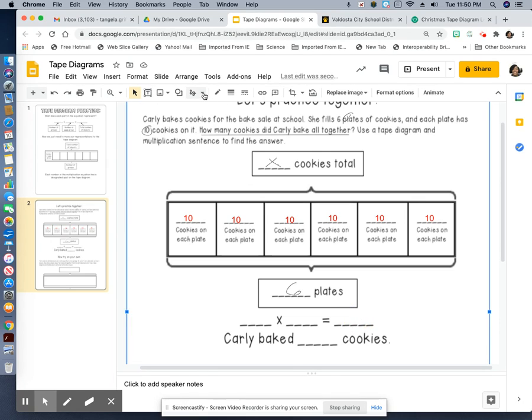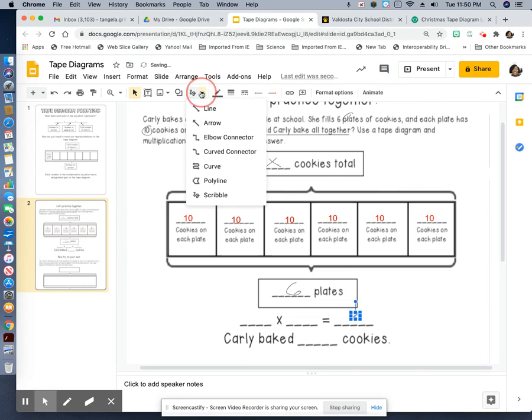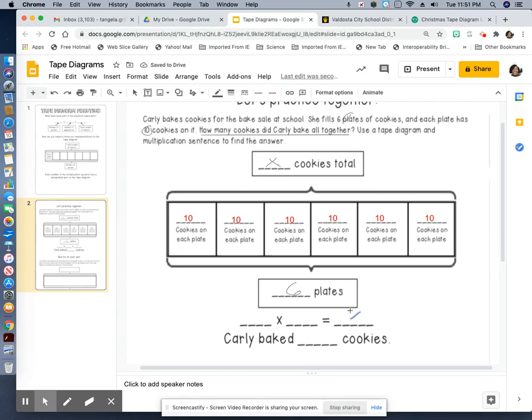Okay, that's going to be X. And we know that there are 6 plates, and there's 10 cookies on each plate. Okay, so 6 times 10 equals X.